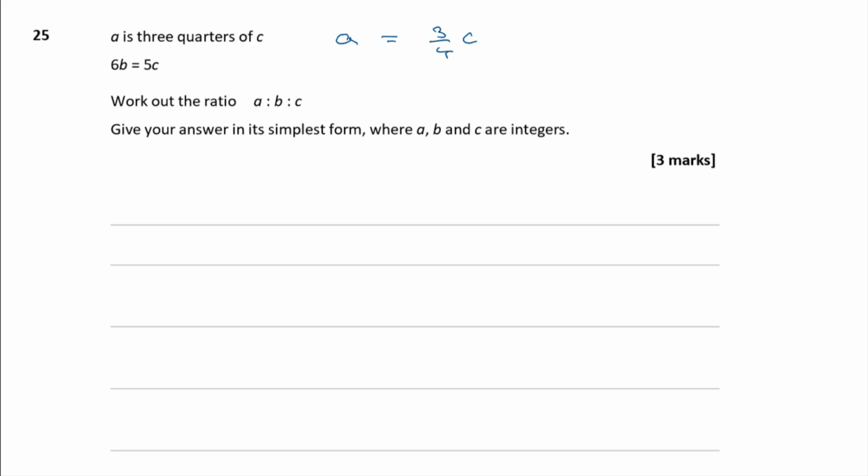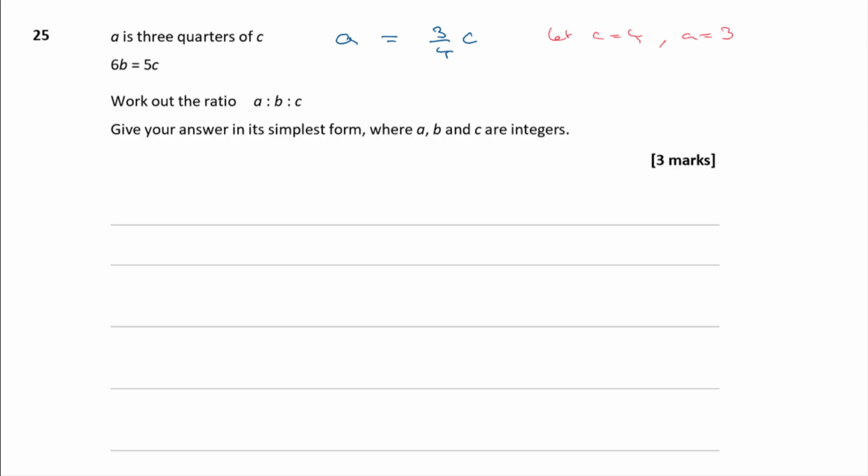So if A is equal to 3/4 of C, let's say we let C equal 4, then A would be 3/4 of 4. So 4 divided by 4 would be 1, and then 1 times 3 is 3. And that would mean that A is equal to 3 then, isn't it? Now we don't know what C is, but we do know that if C was 4, then A would be 3.